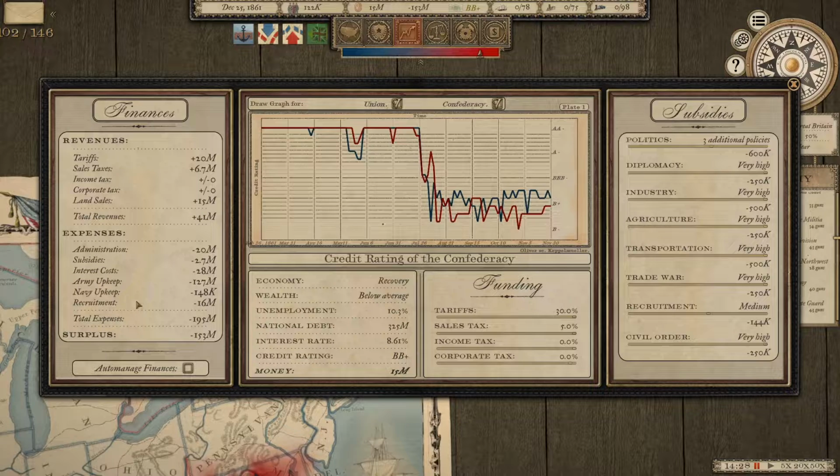On expenses, particularly in the early game in 1861, some of this you can affect as the player, and other parts are largely out of your control, and so you need to recognize what is in your control and what isn't.